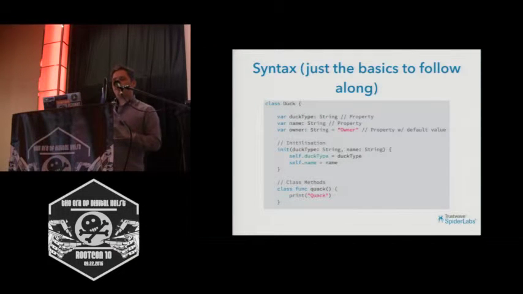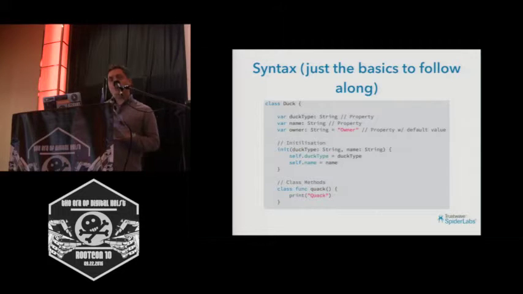So class declarations. The class keyword, pretty straightforward. We've got the duck class, as we do. You've got various properties there: duck type, name, owner. With all of these we've declared the type, but with the owner one we've actually given it a value, so it's a property with a default value.